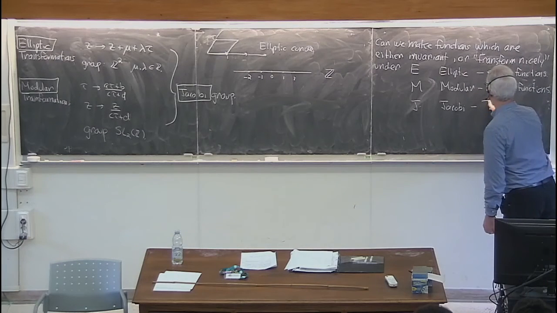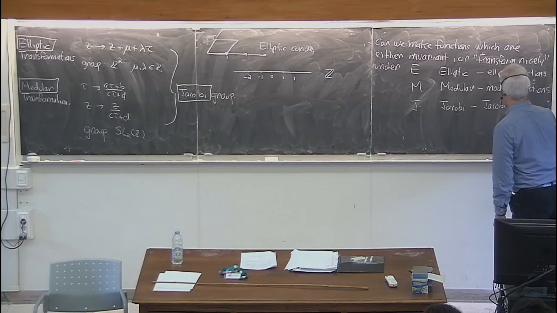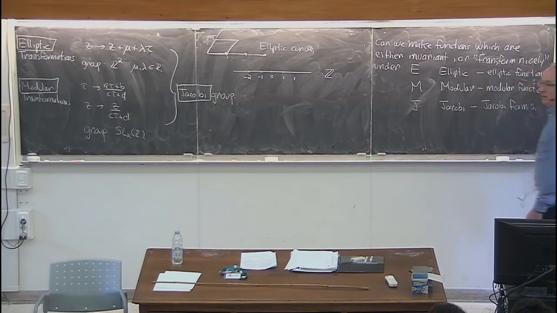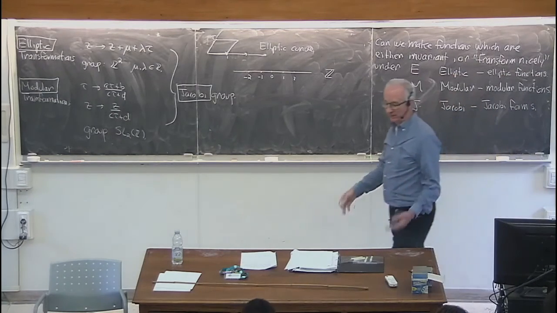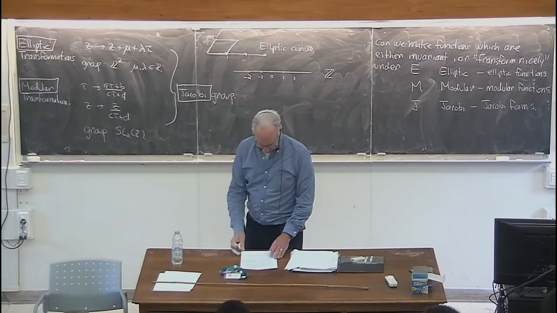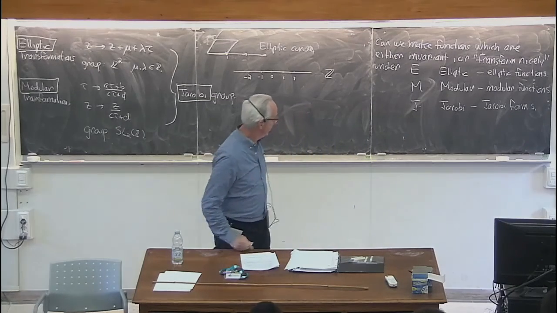And then there are things called Jacobi forms, which combine both the modular and elliptic properties. So there's kind of a hierarchy here of functions with transformation laws under certain groups that we can discuss.